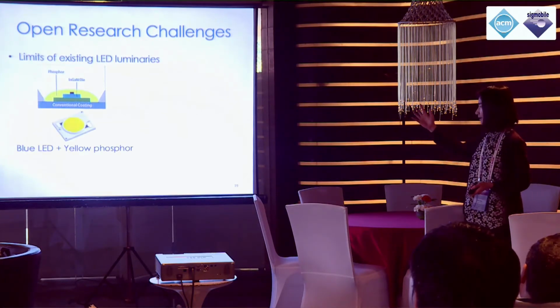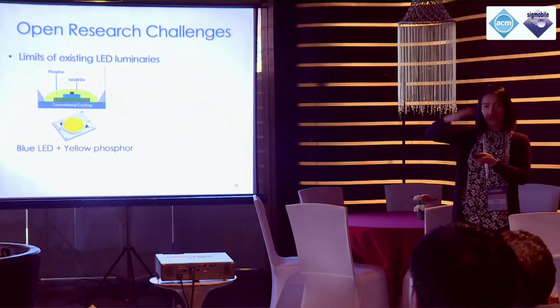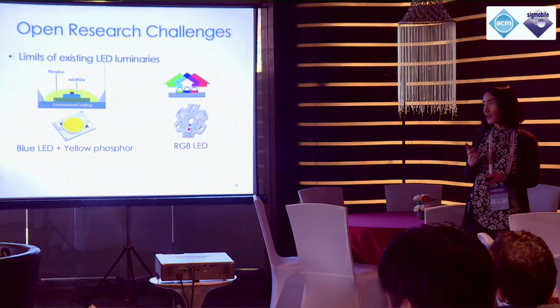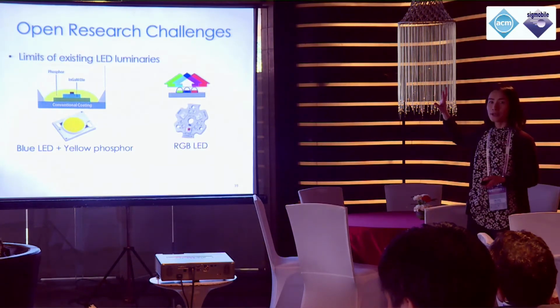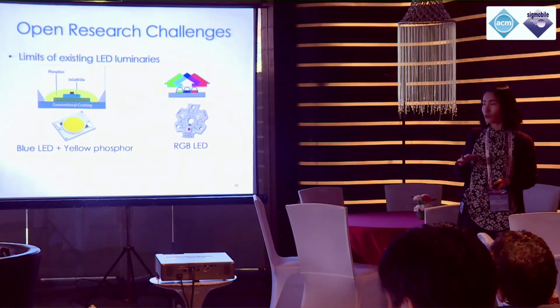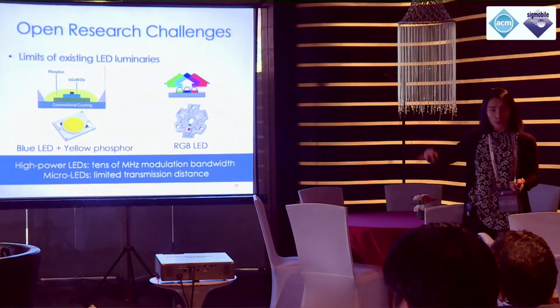Regardless of the type of the LED, you can either have the blue LED with the yellow phosphor to generate the white light, or have RGB co-located LED diodes to generate the white light. For both types, the modulation bandwidth is relatively low. It's only around tens of megahertz at most.